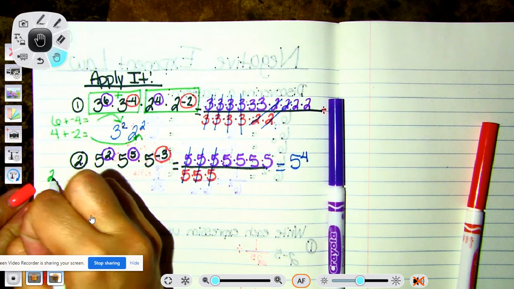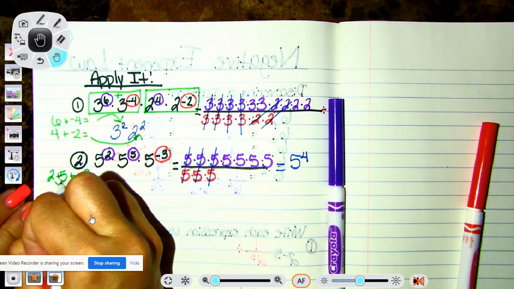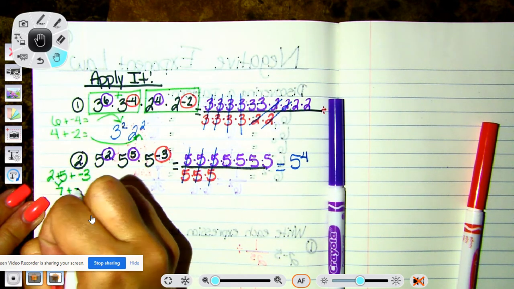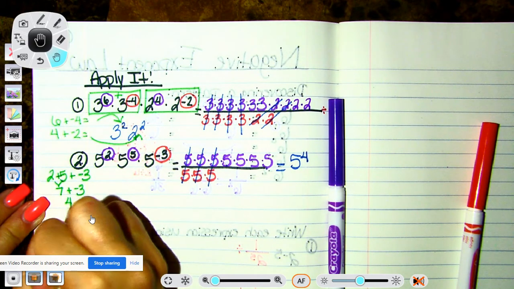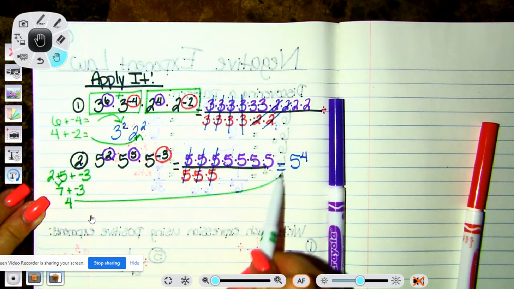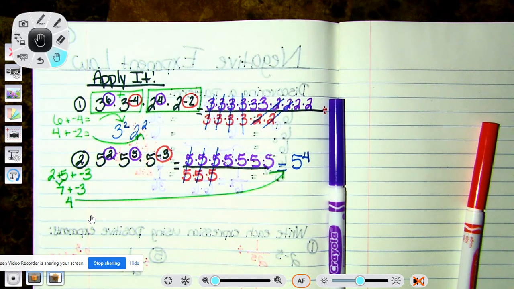So we're going to do 2 plus 5 plus negative 3. Well, 2 plus 5 is 7 plus negative 3. Oh, that is 4. And look, that's what I got whenever I expanded and then reduced and simplified. Okay, you may be onto something. Let's try number 3.